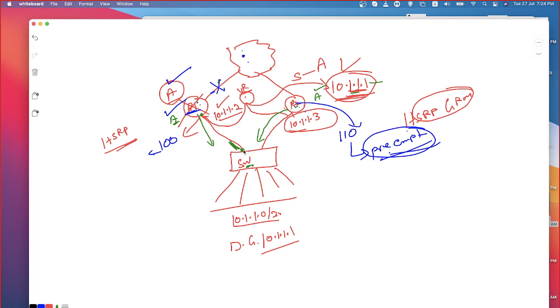The switch will map that MAC address from the older port to the newer port, so that without any issue the traffic can flow through. This particular ARP is called GARP, gratuitous ARP. Whichever way you want, you can say it. That is the meaning of it.